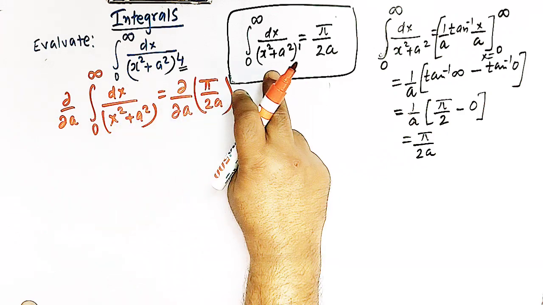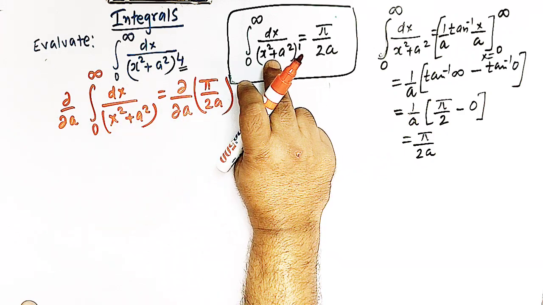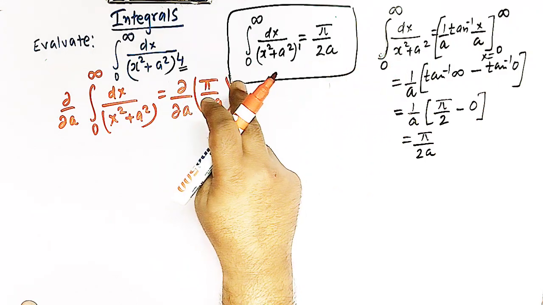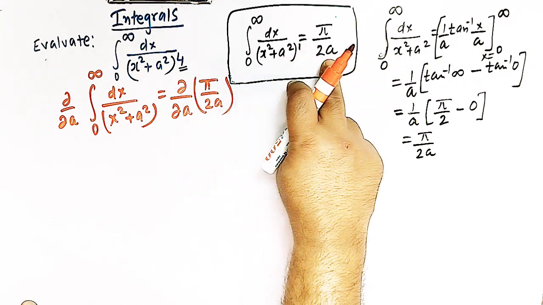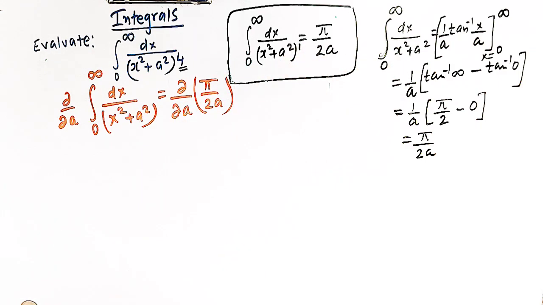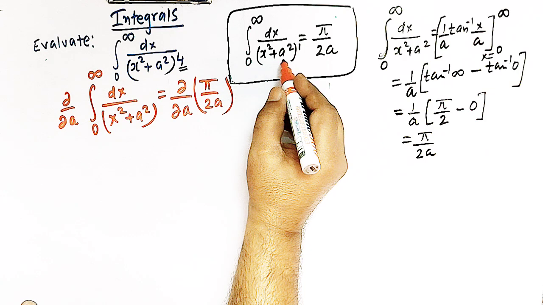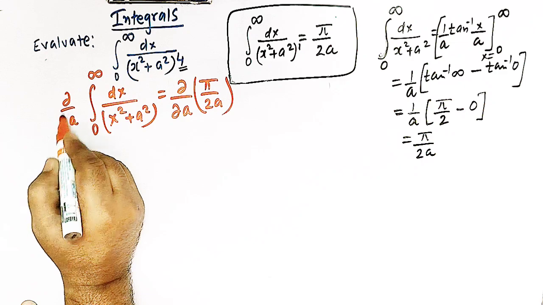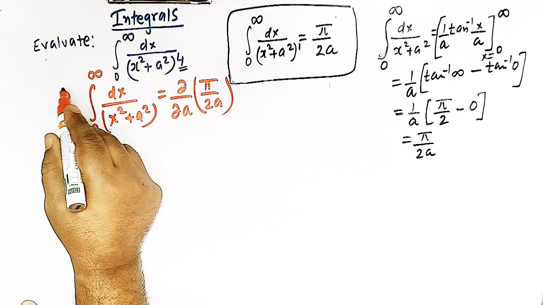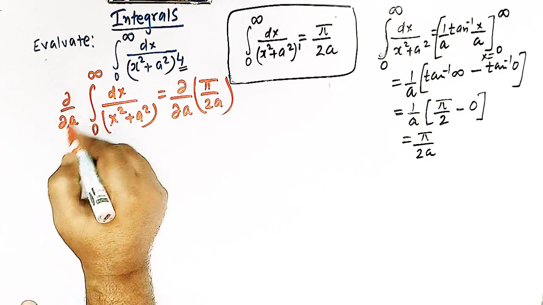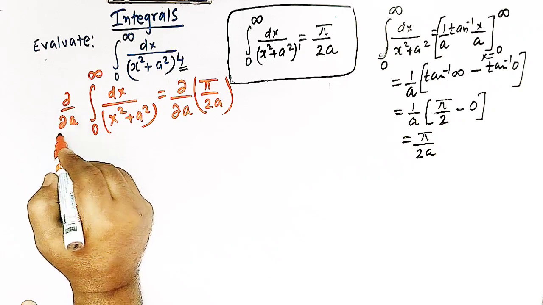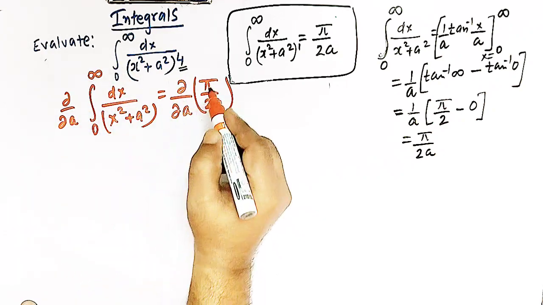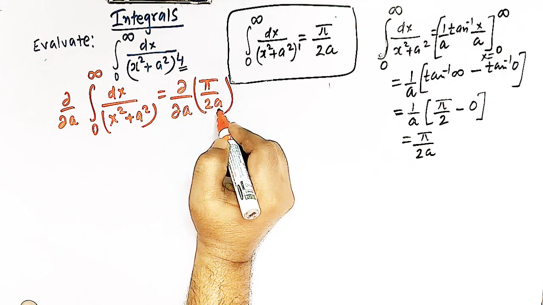What we are doing here is taking the derivative of both sides partially with respect to a. So here we'll take a as a variable, right? We'll differentiate both sides with respect to a. That's why we are using the partial differentiation notation, right? So del over del a of this integral is equal to del over del a of pi over 2a.